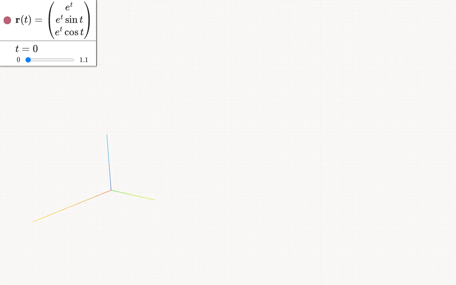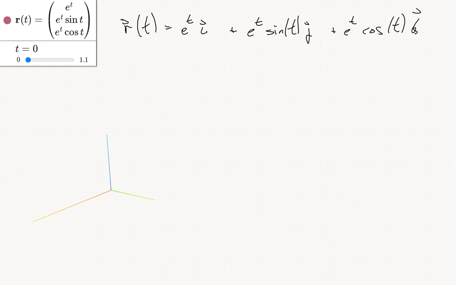Finally, let's do another example. r of t is e to the t i plus e to the t sine t j plus e to the t cos t k. So that's what this will look like. Now we go about finding its tangent vector.